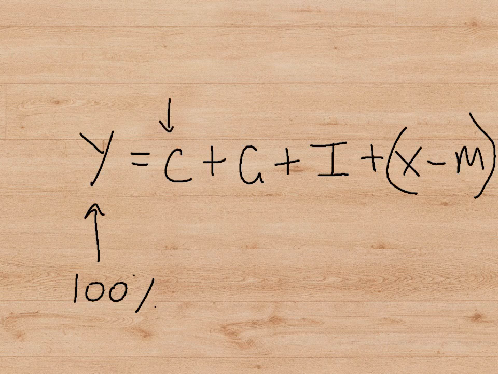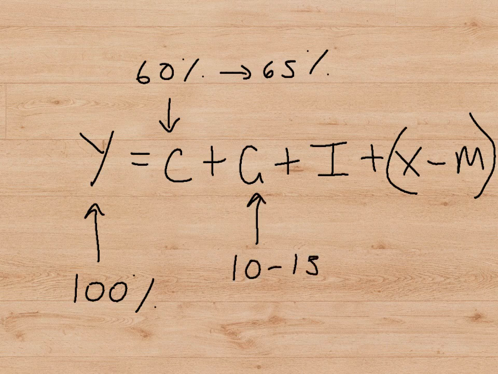Well, consumers are responsible for about 60 to 65% of the total income earned in our economy. Government varies, of course, but let's say it can be something between 10 and 15%, maybe a little bit more, of the national income.